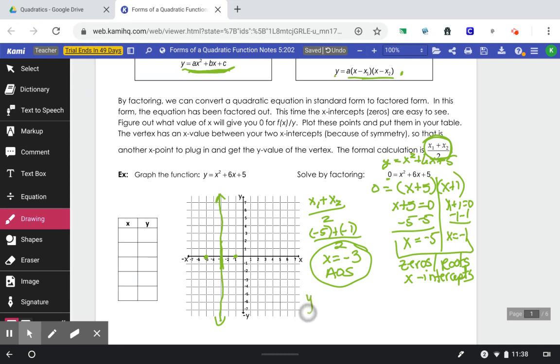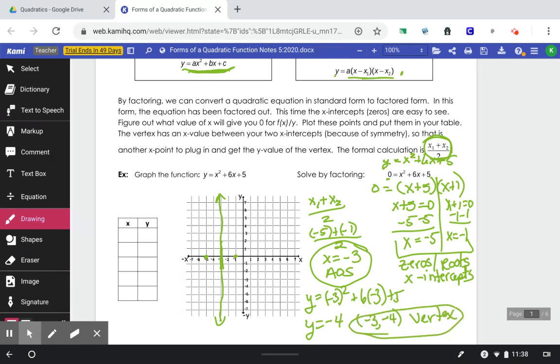I'm going to use the standard form to find the vertex. So I'm going to plug in negative 3 for my x value: negative 3 squared plus 6 times negative 3 plus 5. So my y value ends up equaling negative 4. So the point negative 3, negative 4 is going to be my vertex.